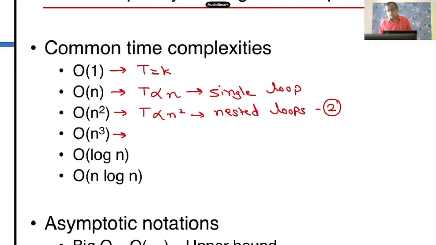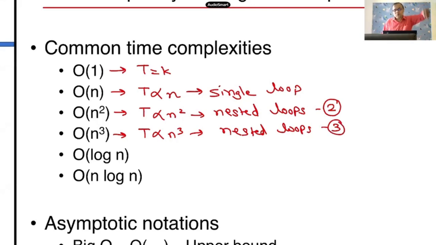Okay, that is good. Then what is O(n) cube? O(n) cube is again nested loops, but now it is loop within loop within loop. So there are three loops back to back. Three loops back to back, you can say it is O(n) cube. Do you know any algorithm? Yes, I know the algorithm, that is the only reason I have written it there: Warshall Floyd algorithm.